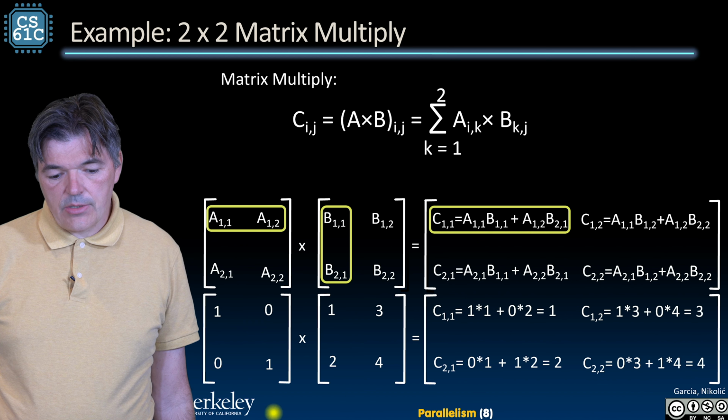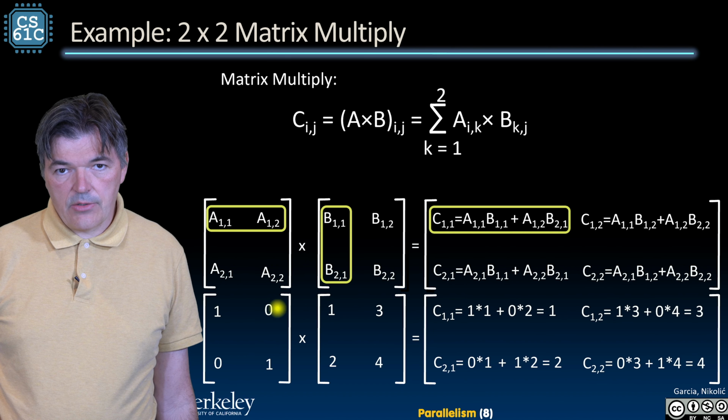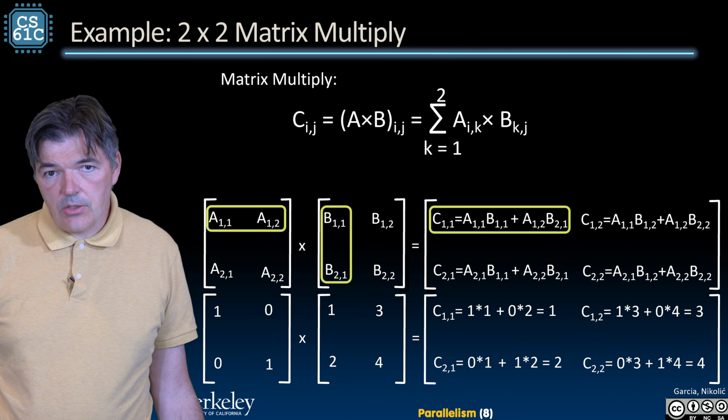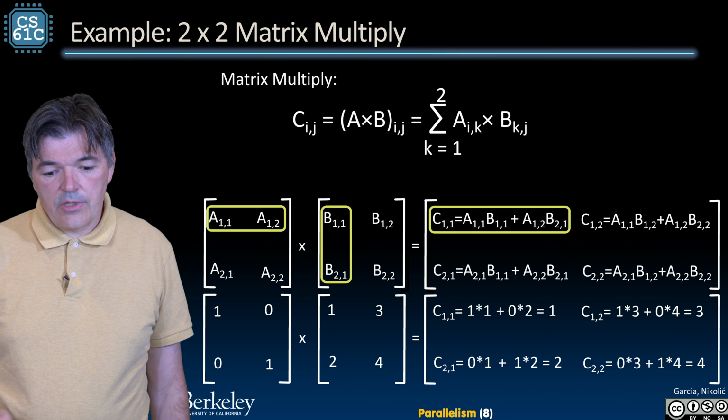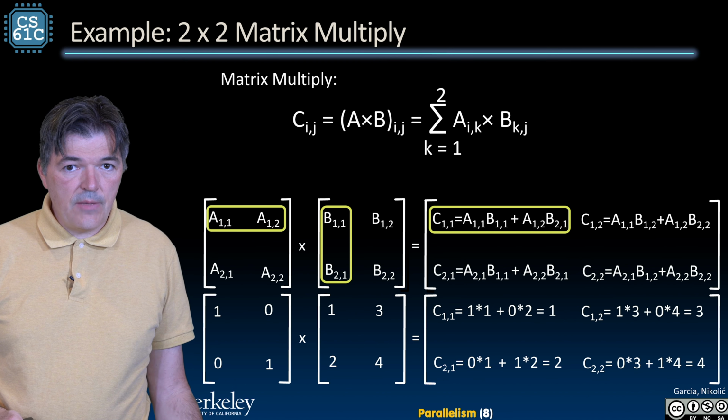When we plug in the numbers for the sample matrix down here, that would be equal to 1 times 1 plus 0 times 2 equals 1. And so on. We continue doing that over all the elements i, j in the matrix C.